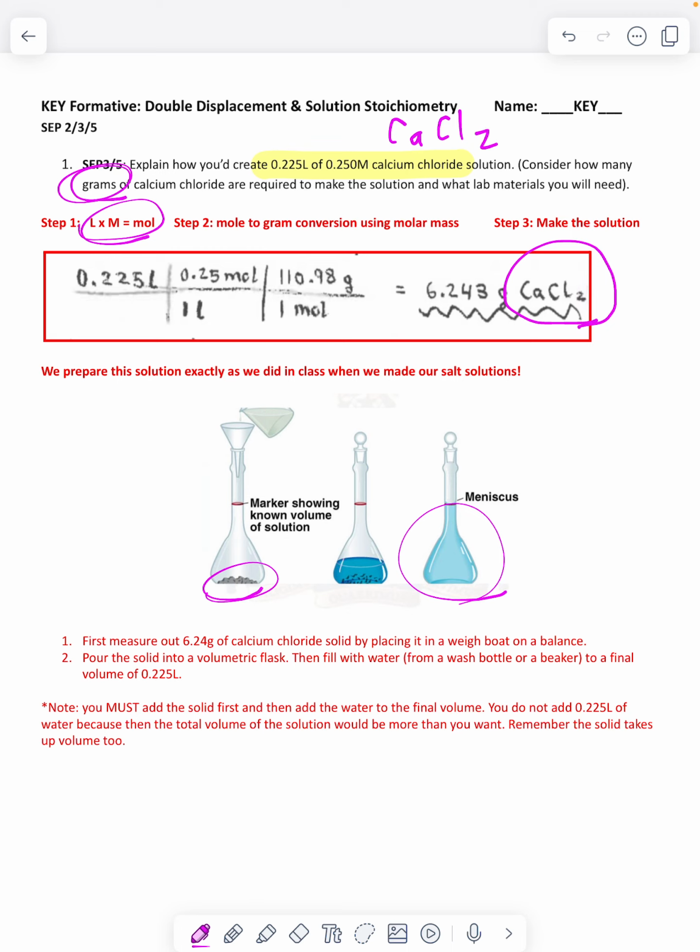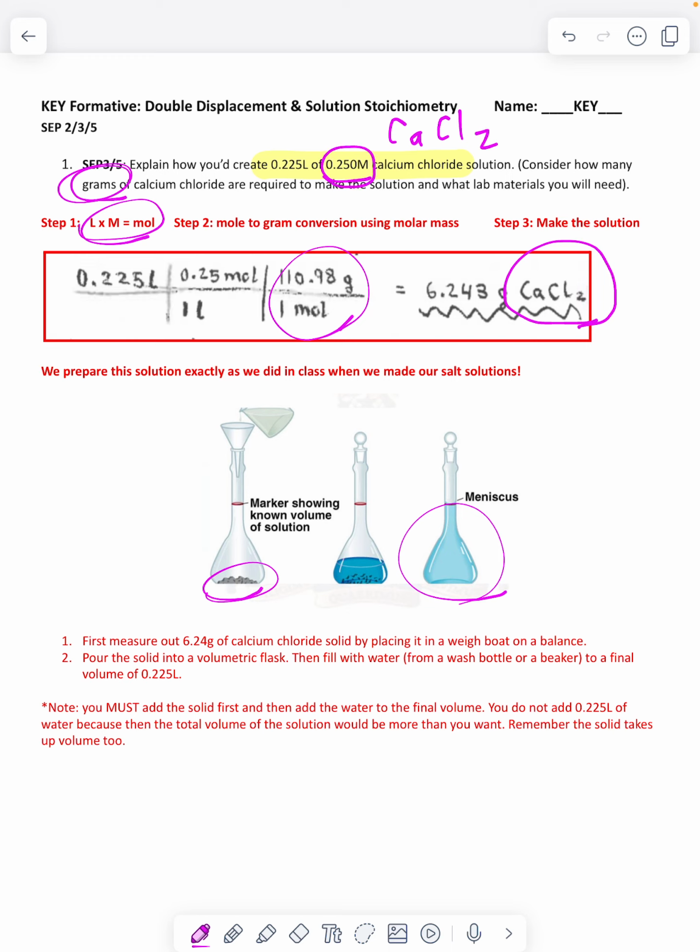And then once you have moles, you're using the relationship of 1 mole is equal to its molar mass to solve. Notice that's essentially still what we're doing in the boxed work here, but instead of just using the molarity equation, we're using molarity as a conversion factor.